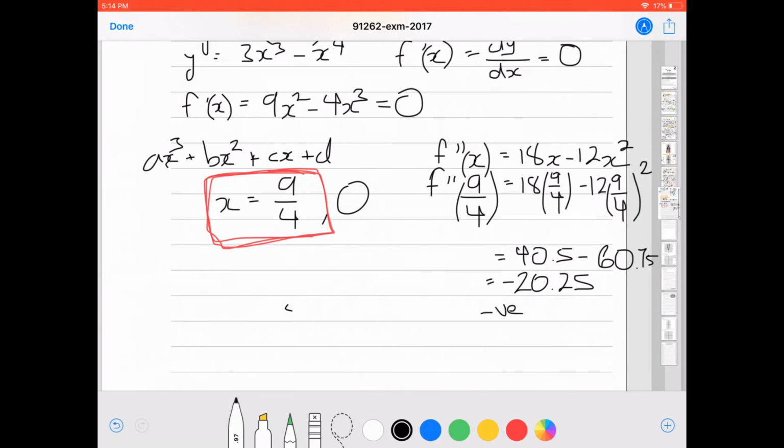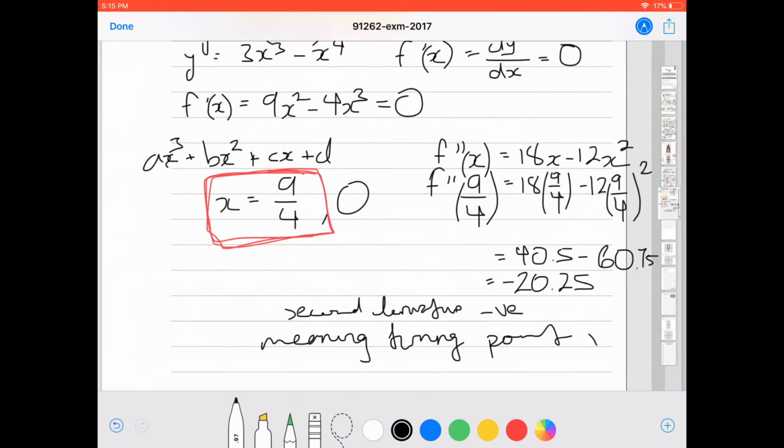So, second derivative negative, meaning, and hopefully you have come across this, this means that turning point is a maximum, right? So that's just a rule that I guess you should know.